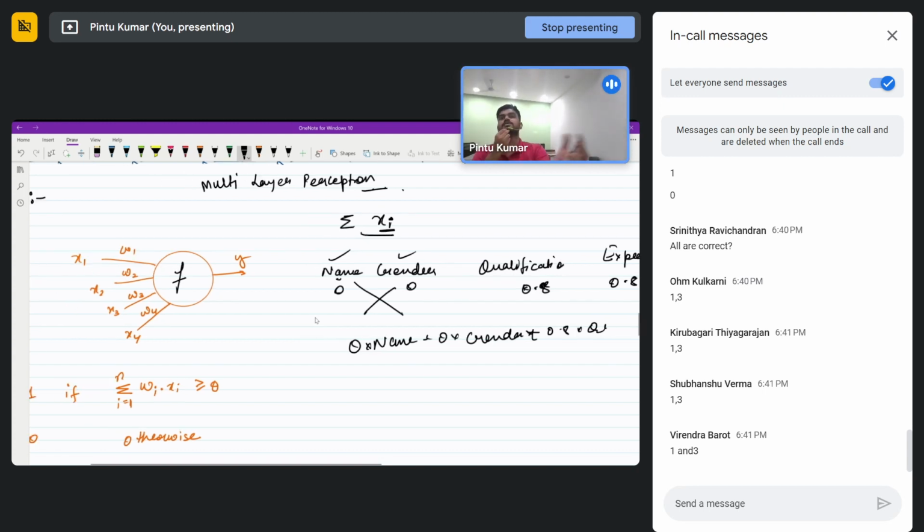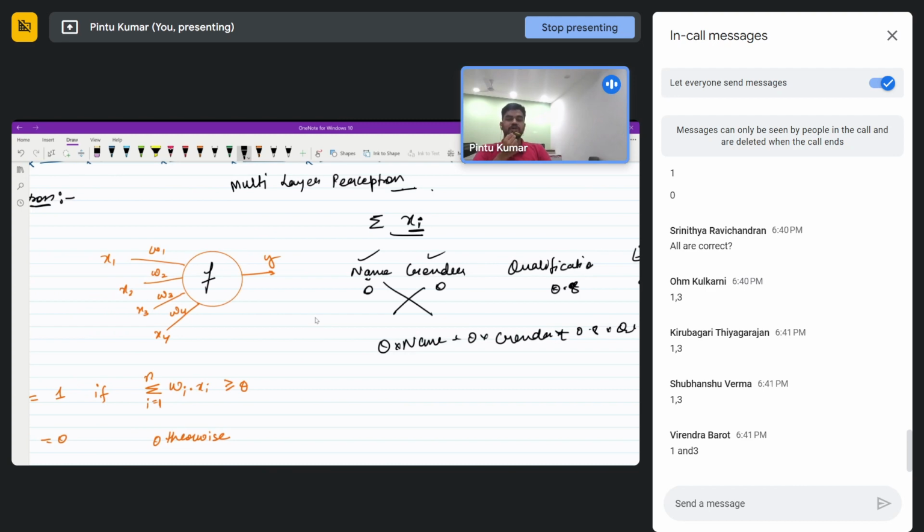That is called a weighted sum. I have motivated with an example that this is very practical. So rather than taking just the sum, if you take the weighted sum of these inputs, then you get something called a perceptron.